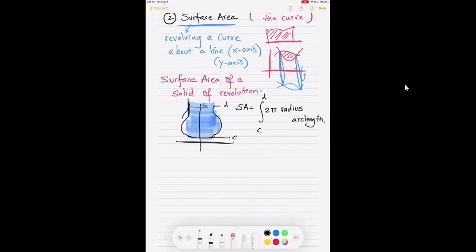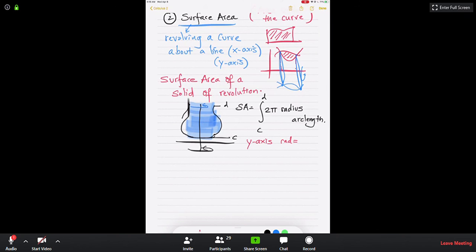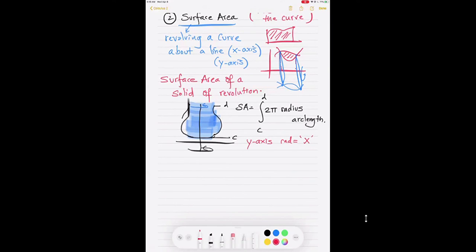So tell me, if you're going about the y-axis, the radius, as you see in the picture, is going to be some x. So this is going to be 2 pi x. And then for arc length, I have a choice. I could go with version 1 and I could go with version 2.